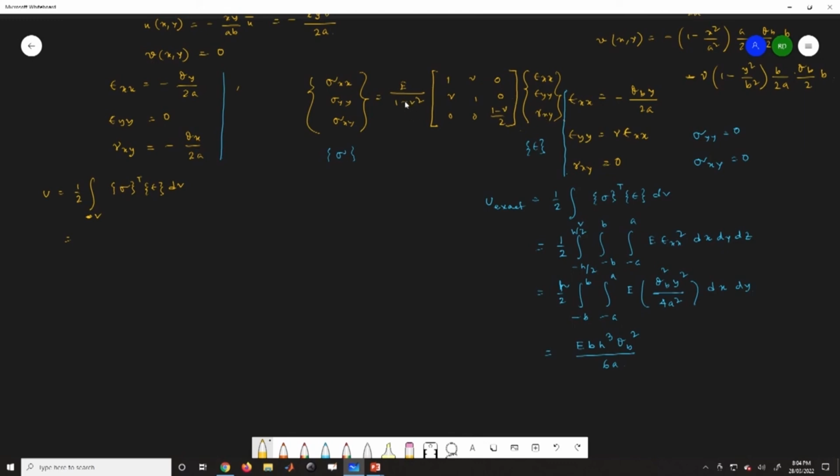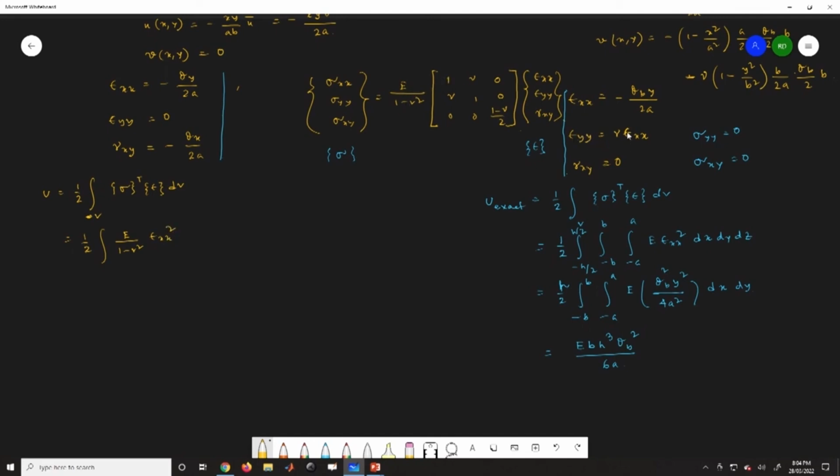So my strain energy will be half of the integral of E by 1 minus nu squared into epsilon x squared, because this will be there.